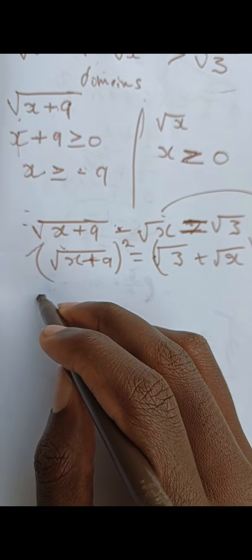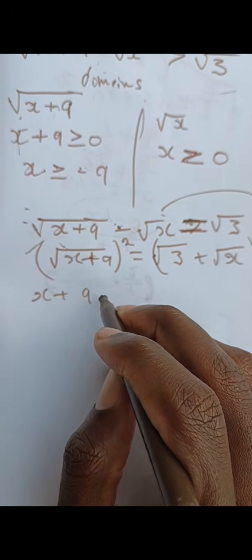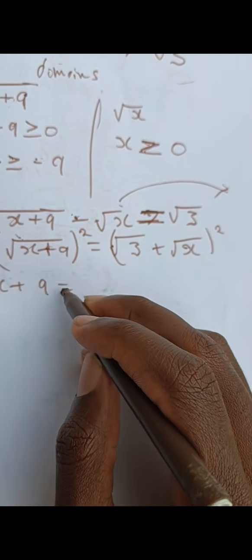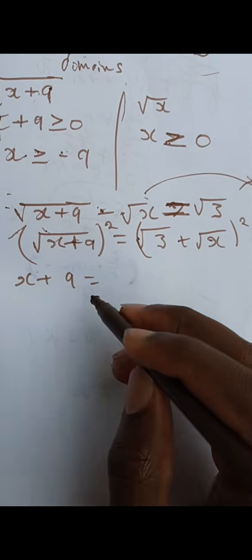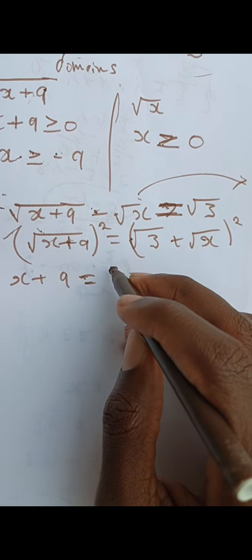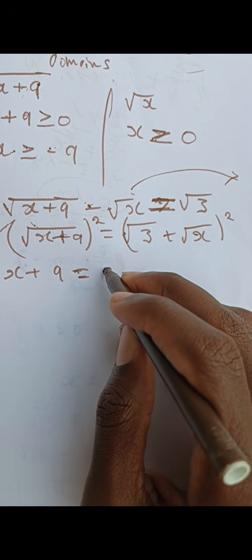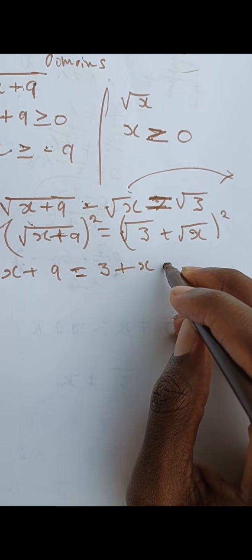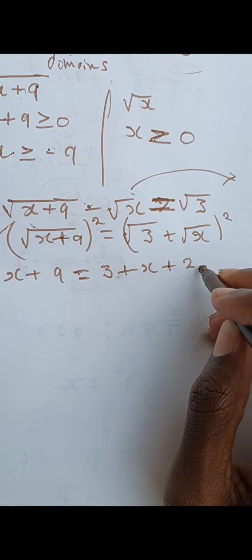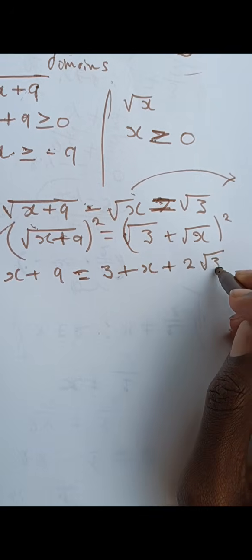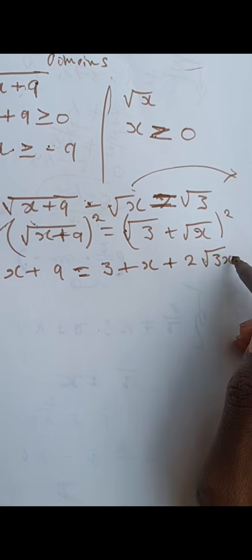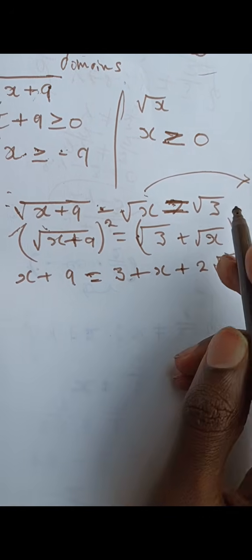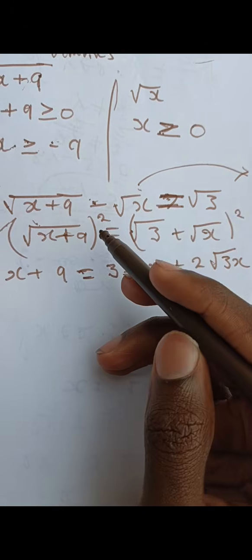Here I'll remain with x plus 9, and on the right side, when you expand, you get 3 plus x plus 2 square root of 3x.